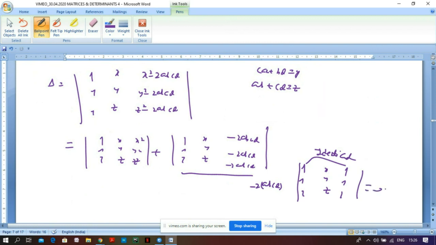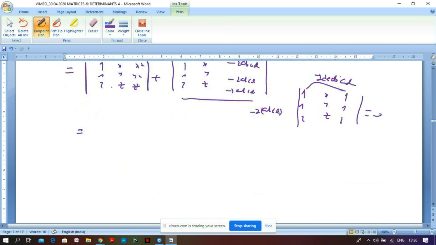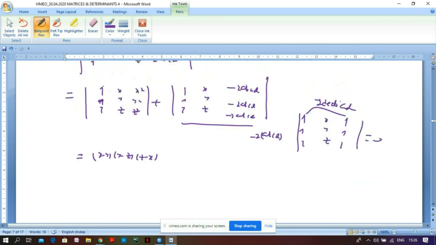So we are just left with this one, which we have seen is x minus y, y minus z, z minus x. You can always check the sign. The diagonal is y z squared; if you want to get y z squared, you must get z from here and y from here. So this is y z squared.